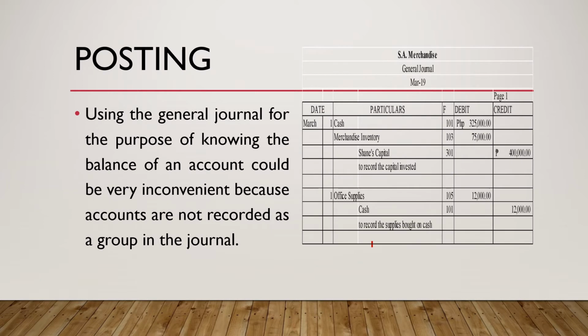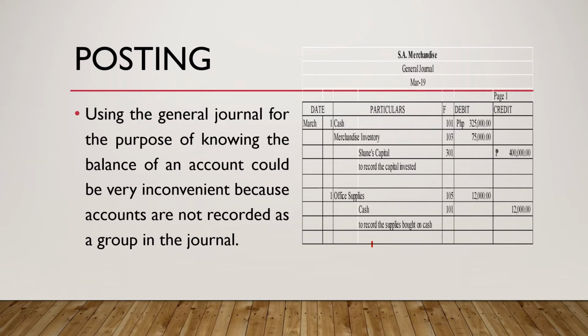Using the general journal for the purpose of knowing the balance of an account could be very inconvenient because accounts are not recorded as a group in the journal. It means to say, pag gusto mo malaman yung current total of a certain account, it's very impossible to know it quickly. Dahil nga ang general journal, it is recorded in general.